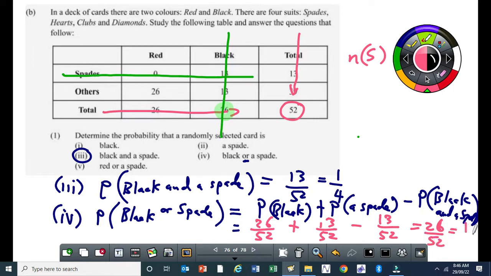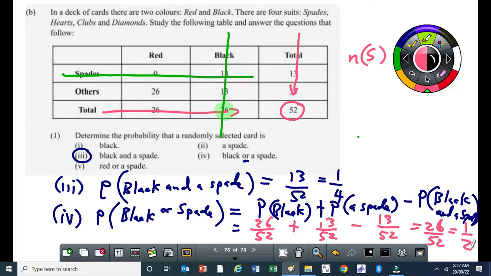Are you following? I'm using a grade 10 formula, which is the addition rule, to answer that question. Yes.